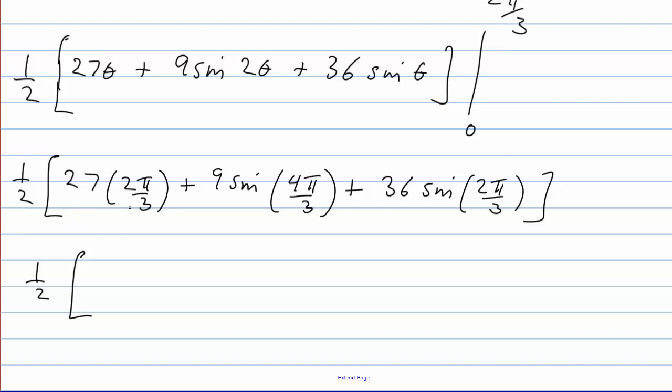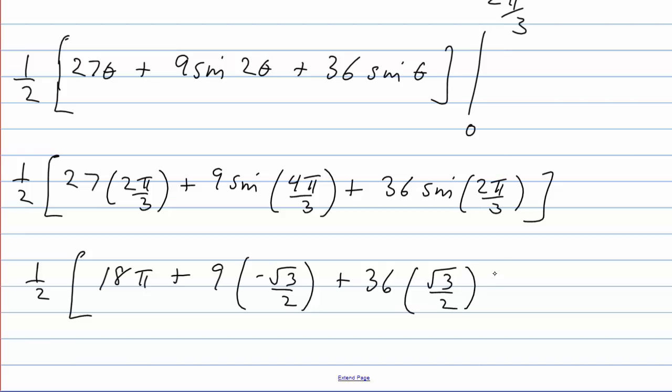So again, 27 times 2 pi over 3, what happens? 27 over 3 is really 9, so we get 18 pi. This would be 9 times sine of 4 pi over 3, remember that was negative radical 3 over 2. And sine of 2 pi over 3 was radical 3 over 2.